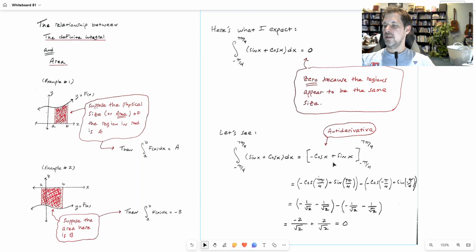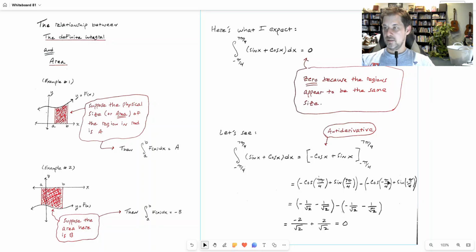I find the antiderivative of this function, sine x plus cosine x. The antiderivative of sine x is negative cosine, and the antiderivative of cosine is sine. Sure enough, if I take the derivative of this, I'll get sine plus cosine. In that antiderivative, I put 7 pi over 4 in first, which is the upper bound of the integral, and I subtract, and I put negative pi over 4 in second.